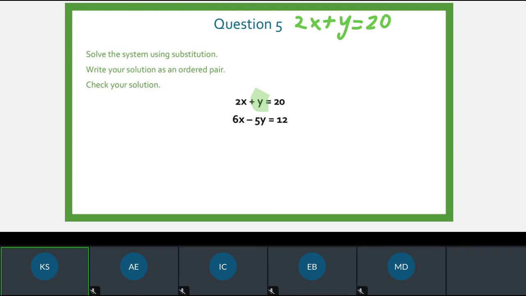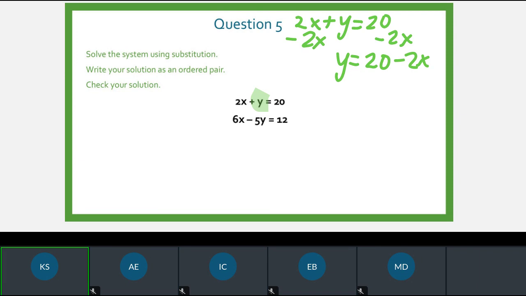Yep. So for anyone else that's stuck, you would get y equals 20 minus 2x. Okay, so now what you're going to do, not quite.